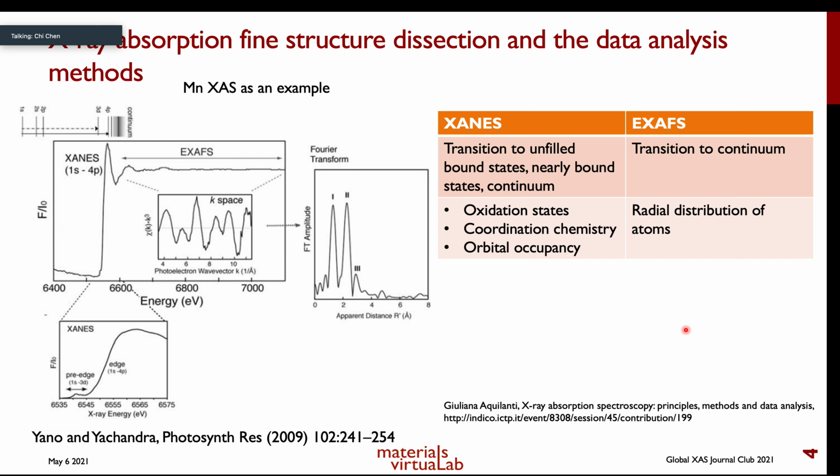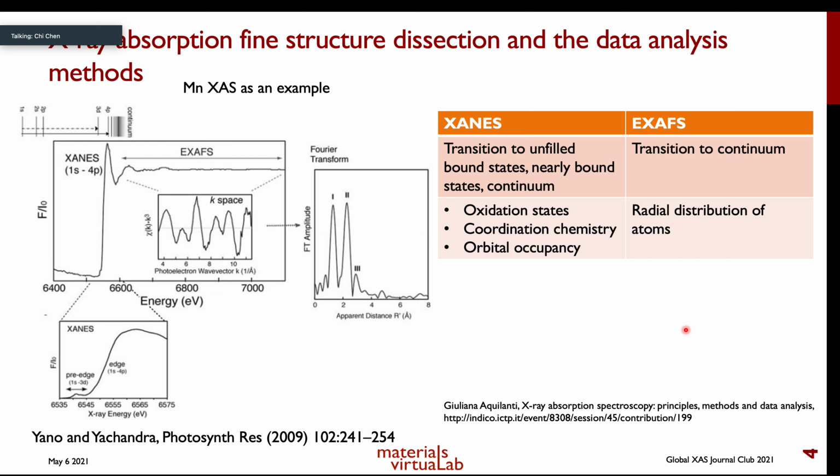The near edge region corresponds to the transition of the core electron to the unfilled bound states and nearly bound states, as well as the continuum. The intensity of that region is very high, and it corresponds to information such as the oxidation states, coordination chemistry, as well as the orbital occupancy.